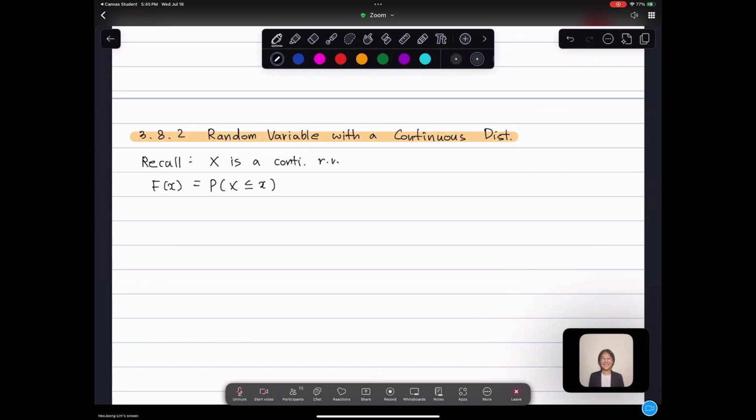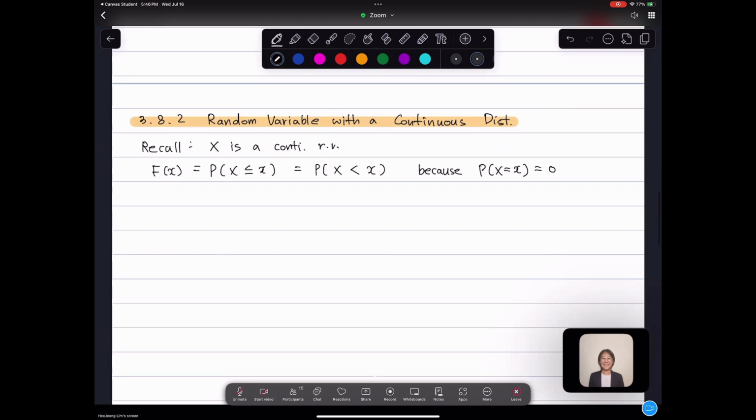Now, if x is a continuous random variable, then x or smaller is exactly the same as x less than some small x, because for a continuous random variable, there is no probability for a single value. So it doesn't matter whether it's strictly smaller or smaller than or equal to. So I'm going to be mixing it up because it doesn't really matter.